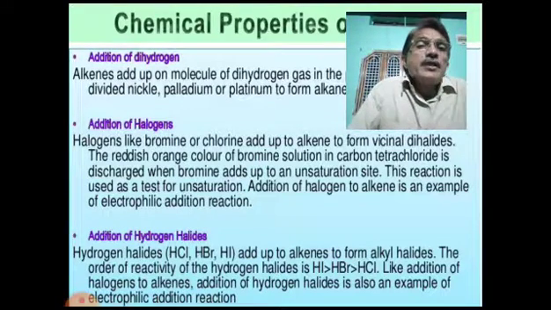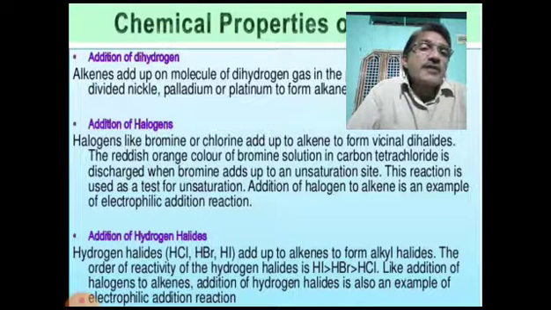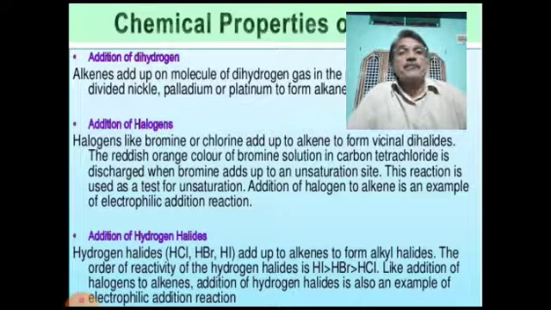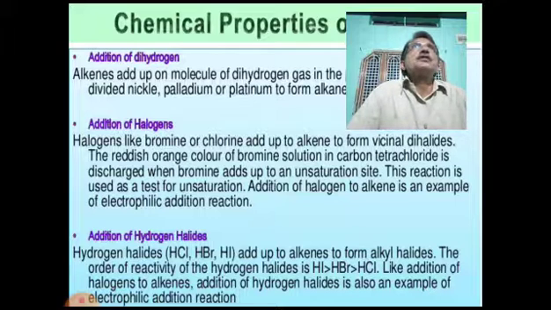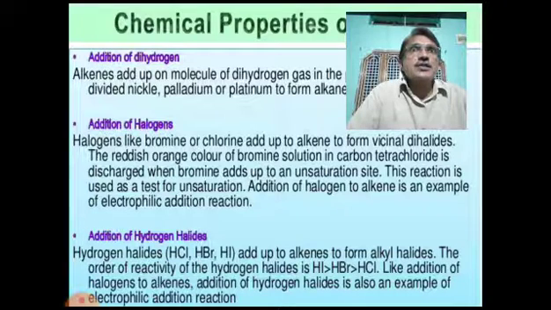Like addition of halogens, addition of hydrogen halides to alkenes is also an example of electrophilic addition reaction. We can take an example: C2H4 plus HCl gives C2H5Cl, that is ethyl chloride. When an ethene molecule adds a molecule of HCl, it gives ethyl chloride.